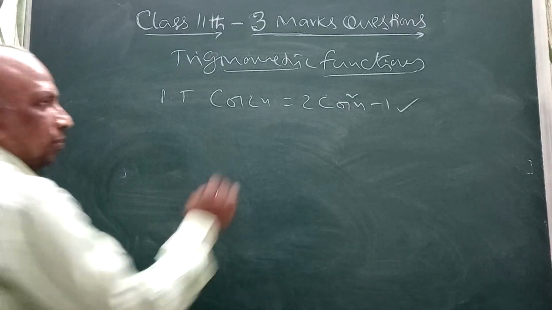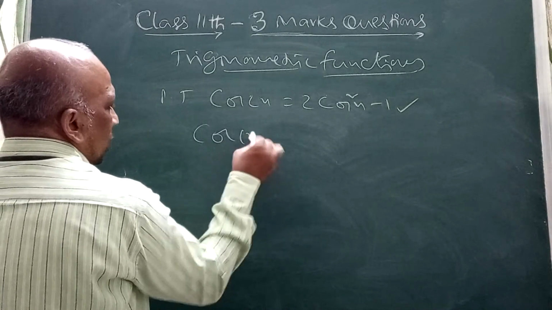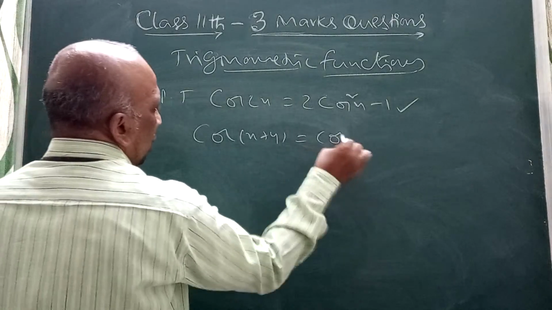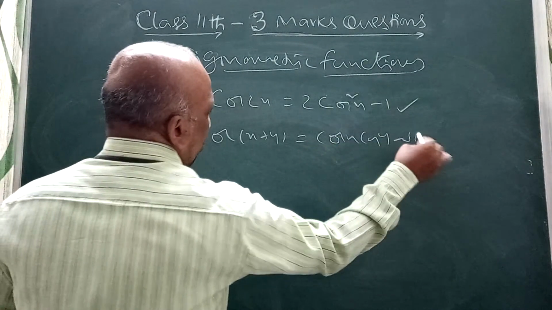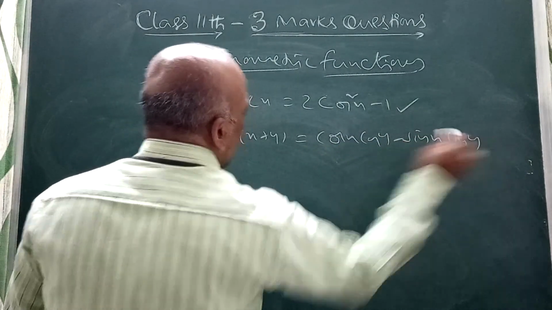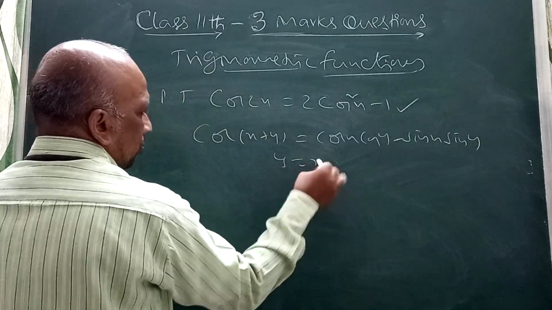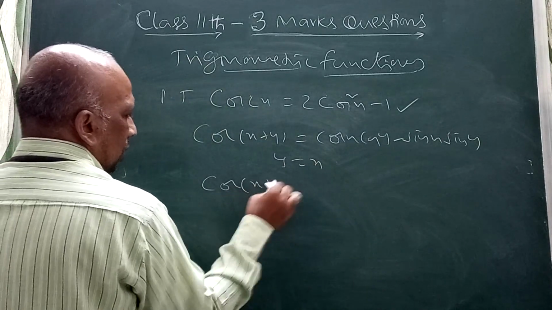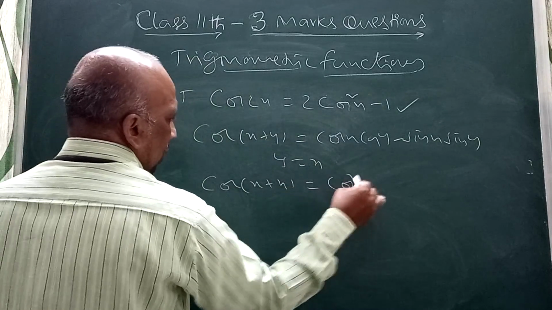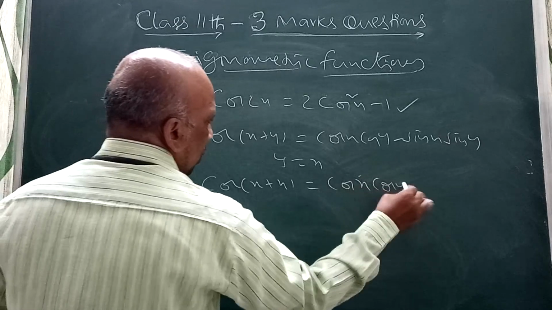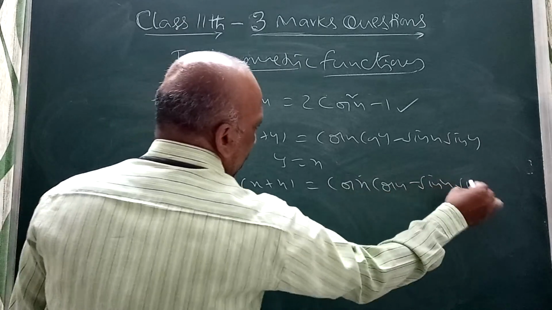We can consider cos of x plus y. I can write cos x cos y minus sin x sin y. Replace y with x, cos of x plus x, it will come cos x into cos x minus sin x into sin x.